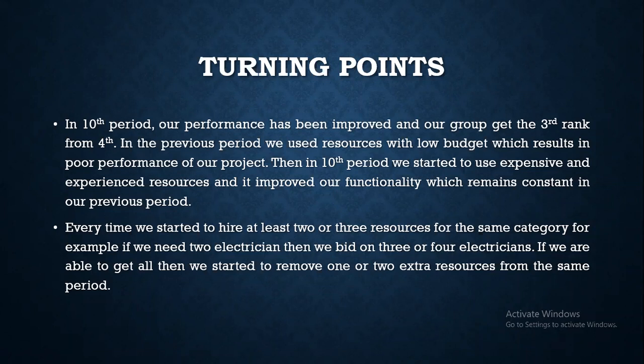Every time we started to hire at least 2 or 3 resources for the same category. For example, if we need 2 electricians, then we bid on 3 or 4. If we are able to get all, then we remove 1 or 2 extra resources from the same period.